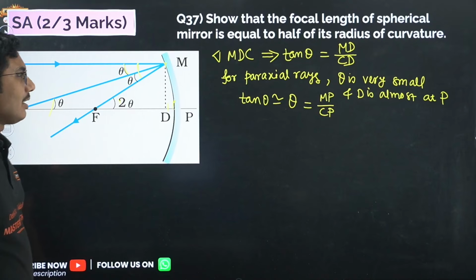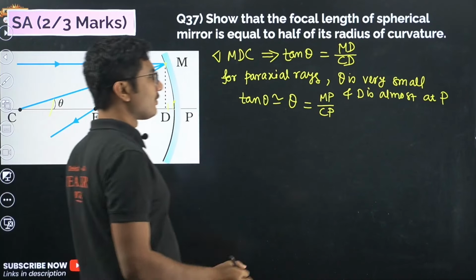CP is our radius of curvature, so we can write theta equals MP by R. Okay, R is the radius of curvature, CP is the radius of curvature. Right, so this is very basic.